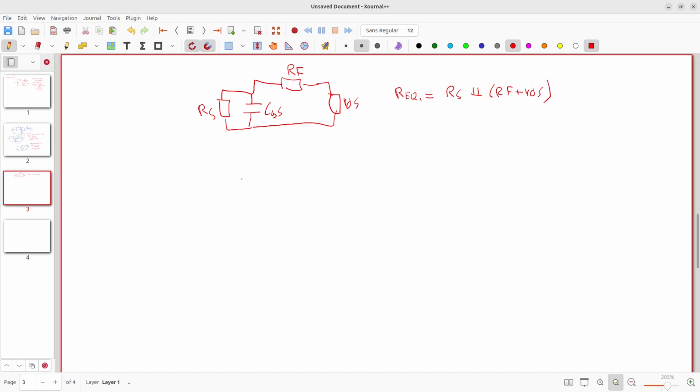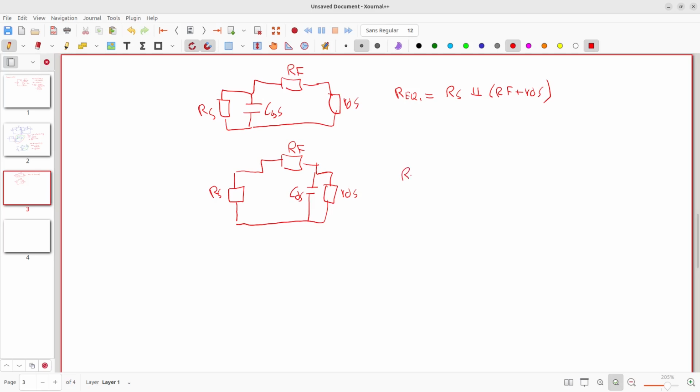Now let's do the same for CDS. So we have RS here, RF, and then we have CDS, and that will be RDS.